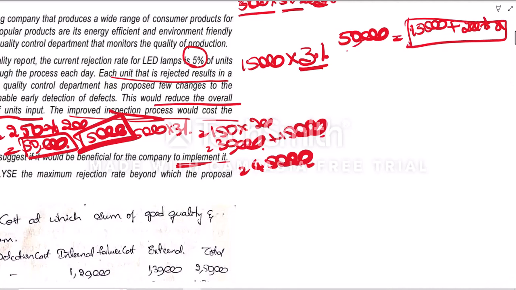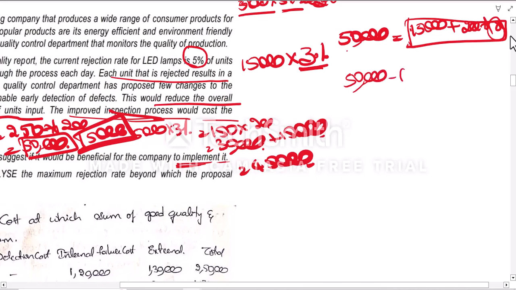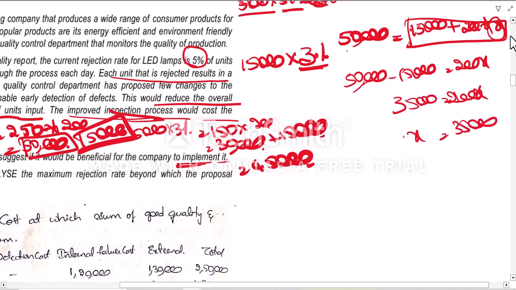So we equate: if it is 50,000, what will be the maximum rejection rate? 50,000 minus 15,000 equals 200x. It is 35,000 equals 200x. X equals 35,000 divided by 200.